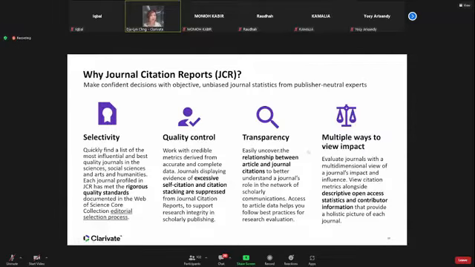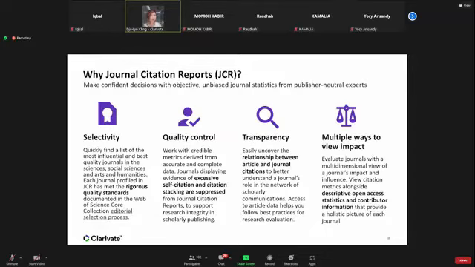Then the next thing is transparency. The Journal Citation Reports includes multiple metrics for journal statistics. Within these, we will clearly list down the definitions of each of these metrics, as well as how each of these indicators has been calculated. Say, for example, the journal impact factor.